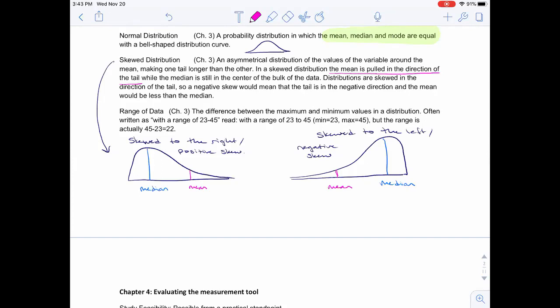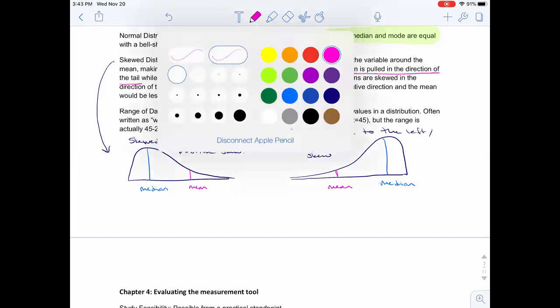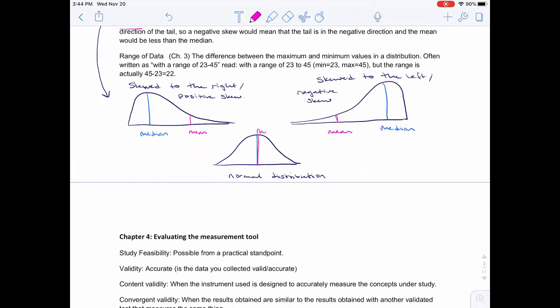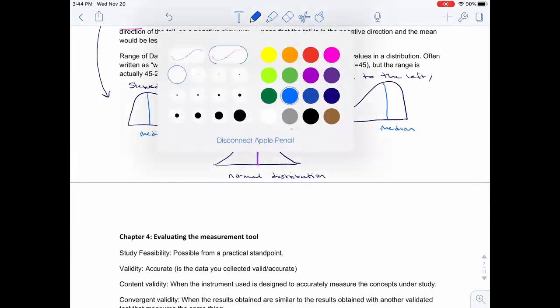I guess I could draw the normal distribution on here as well. That's supposed to be a normal distribution. Mean equals the median.